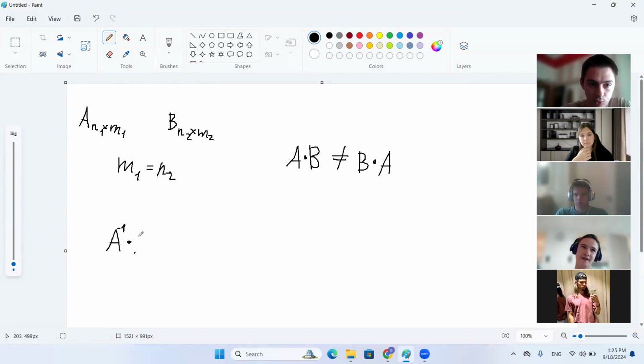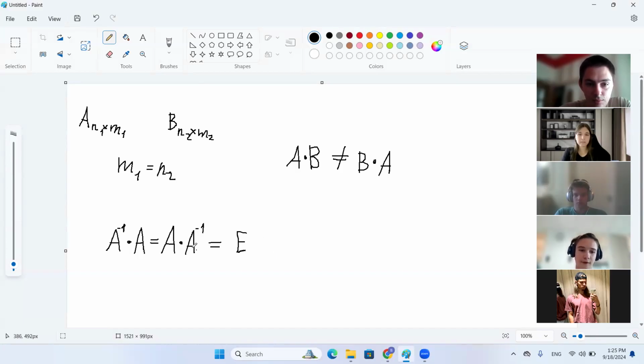Yeah, so we need to verify that their multiplication, by the way, they're commutative also, so we can multiply them from different sides, and their composition will equal the identity matrix. Therefore we can inverse only a square matrix.